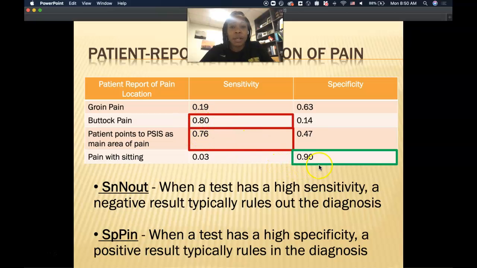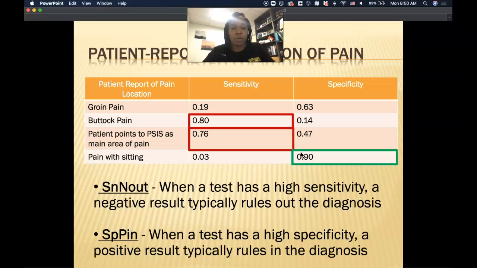What we do know is that when a patient reported pain with sitting, 90% of the time that was associated with an SI joint pathology. So when I'm asking historical questions, notice I didn't give you history questions to ask because we're going to dive through this together right now. One of the questions I'm going to ask is, do you have butt pain?